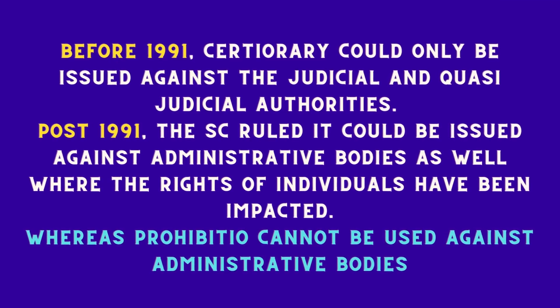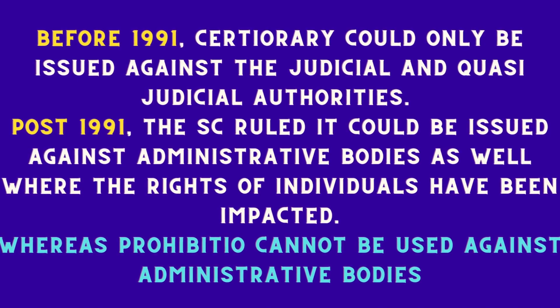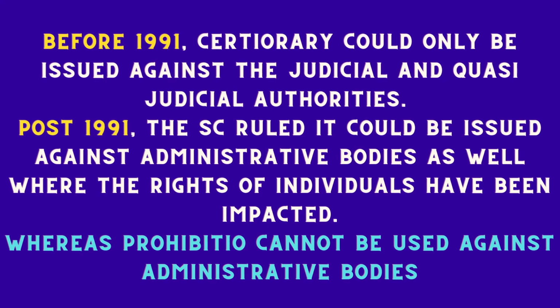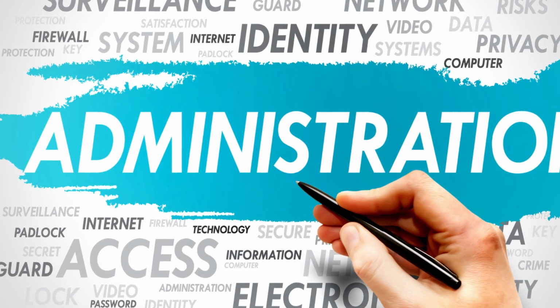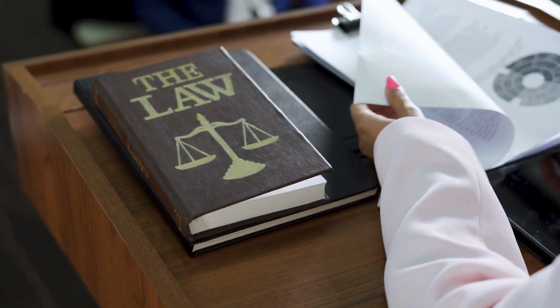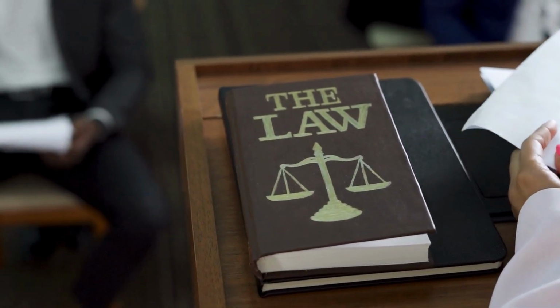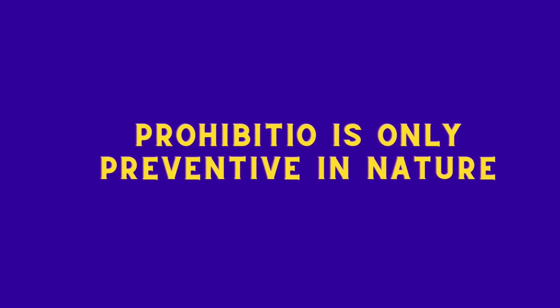So friends, before 1991, certiorari could only be issued against judicial and quasi-judicial authorities. But after 1991, the Supreme Court ruled that the writ of certiorari could also be issued against administrative bodies where the rights of individuals have been impacted, whereas the writ of prohibition cannot be used against administrative bodies.